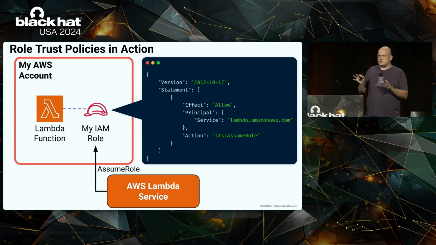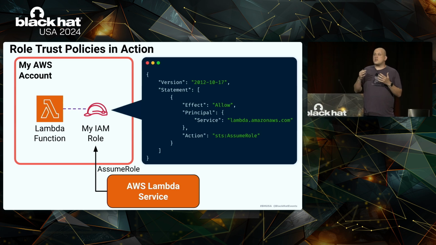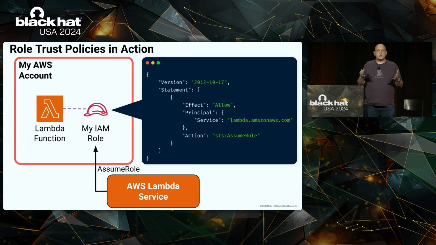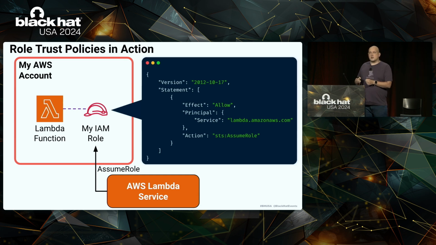Where I think role trust policies are the most interesting are when they're tied to an AWS service. To demonstrate this, we're going to use Lambda as an example. What you see on the right side of this slide is the default out-of-the-box role trust policy associated with a role used by Lambda. If you were to create a function today, a role would be created for you that would have this trust policy.